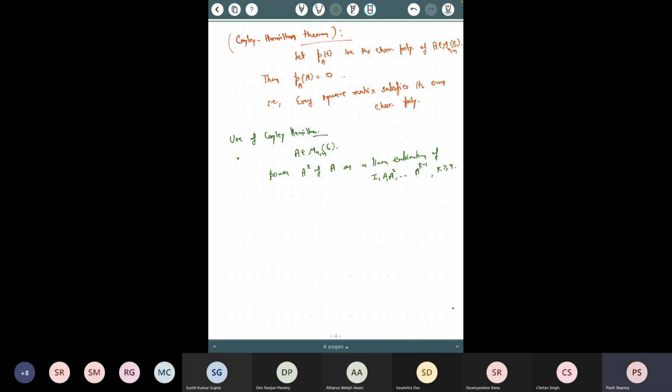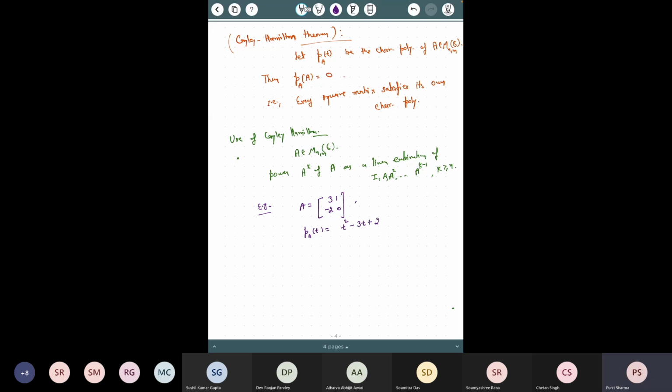Let me show this by an example. It would be easy to understand. Suppose that we have a 2 by 2 matrix, 3 1 minus 2 0. Its characteristic polynomial is t square minus 3t plus 2.